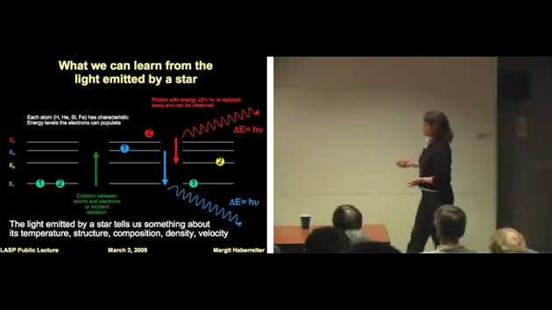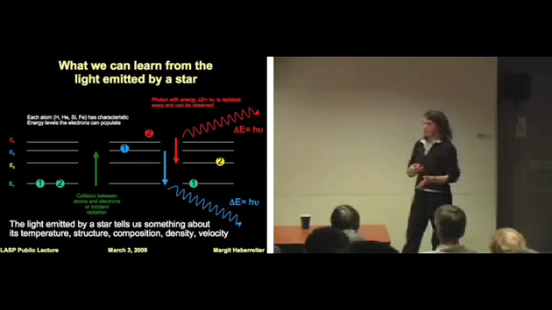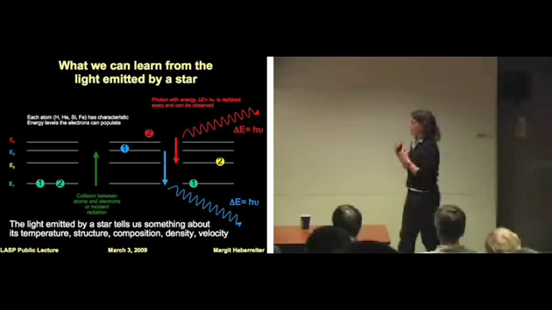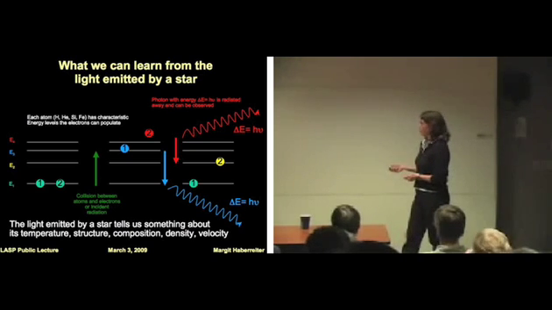The level of excitement depends on the temperature in the plasma. So by looking at the light, we can infer details about the temperature, and also about the structure, because it also depends on the density of the plasma.